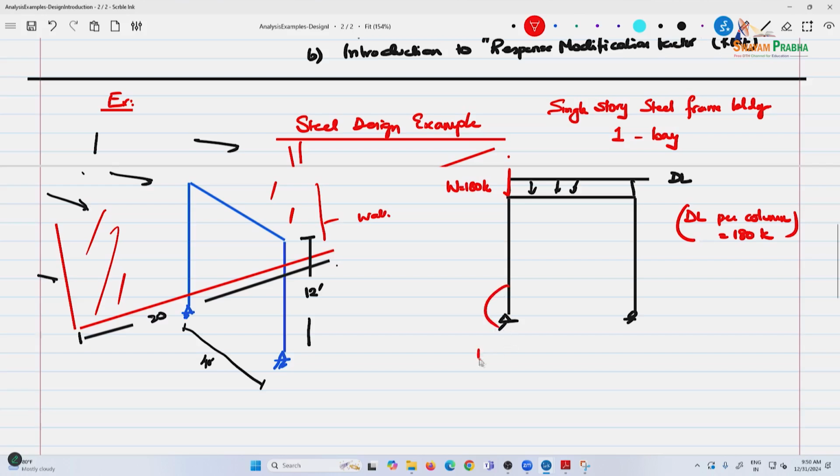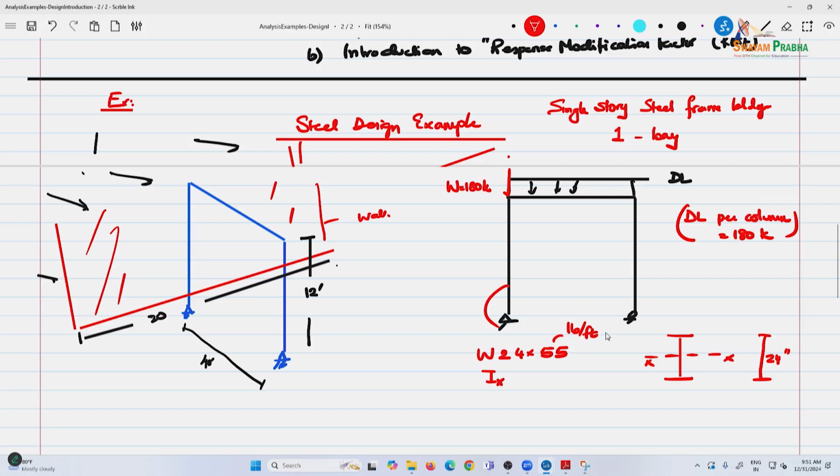The section itself is a W24 by 55. Basically, if it's an I section, it's a W24, so basically it is 24 inches deep approximately. That's nominal, could be plus minus, and again here the last term is 55 pounds per foot.